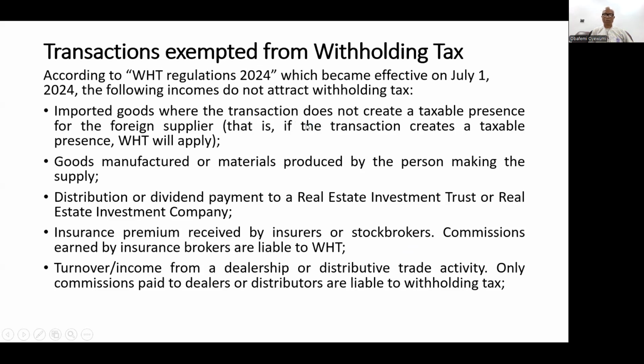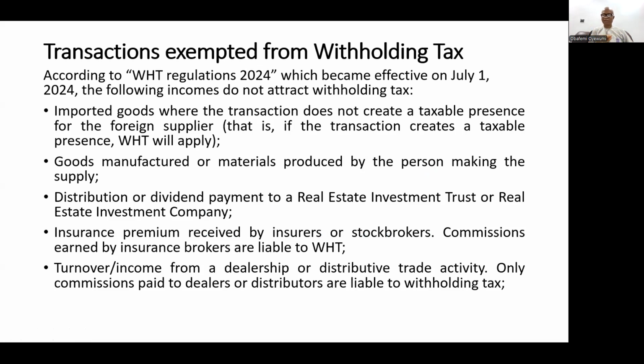Imported goods, where the transaction does not create a taxable presence for the foreign supplier. Goods manufactured or produced by the person making the supply. Distribution of dividend payment to a real estate investment trust or real estate investment company is also exempted. Insurance premium received by insurance companies and stockbrokers. But please take note that commissions are not exempted.